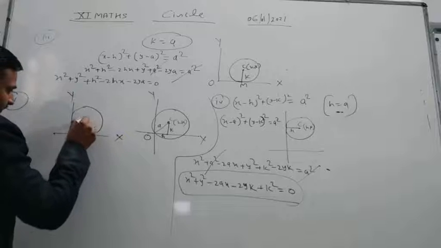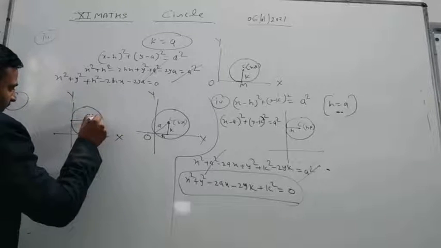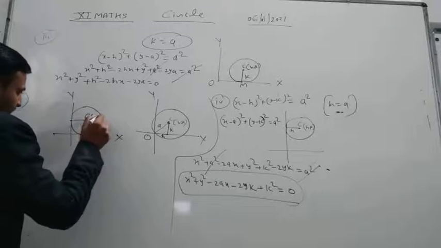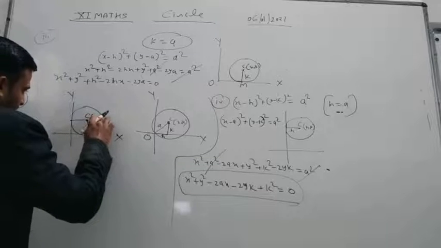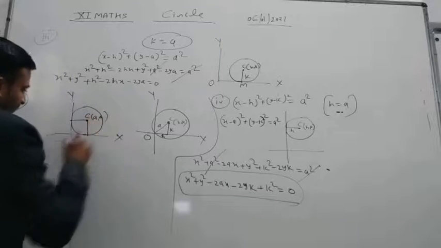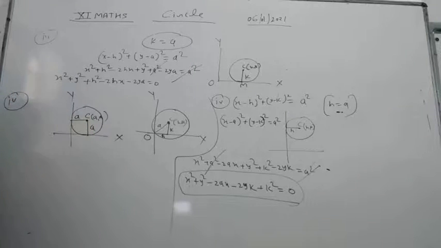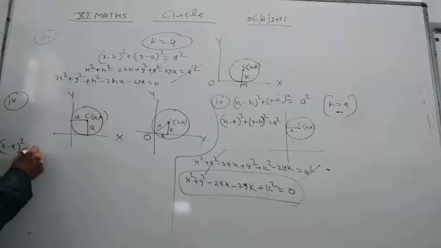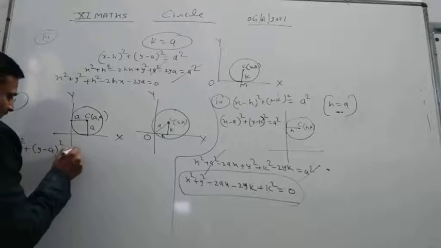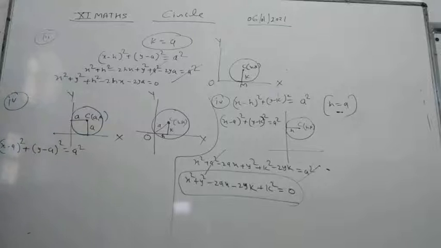So the center will be (a, a) because both are the radius. So the equation of circle will be (x minus a) square plus (y minus a) square is equal to a square.